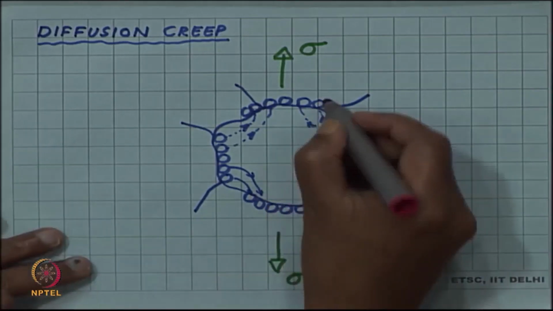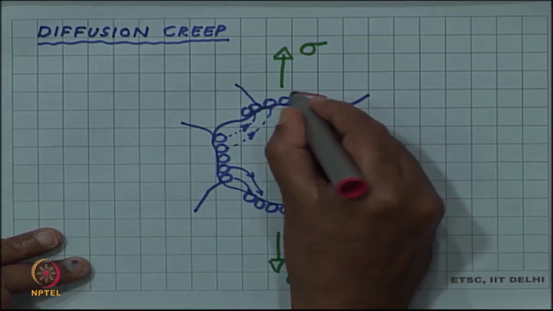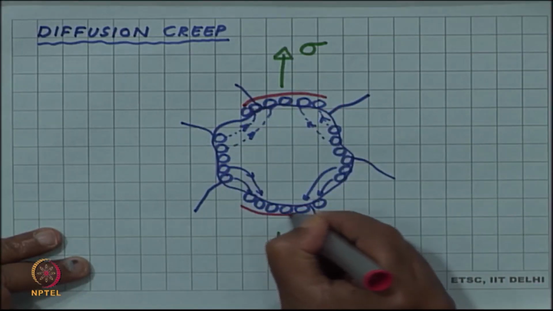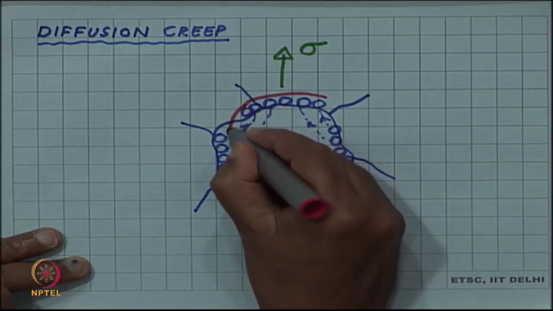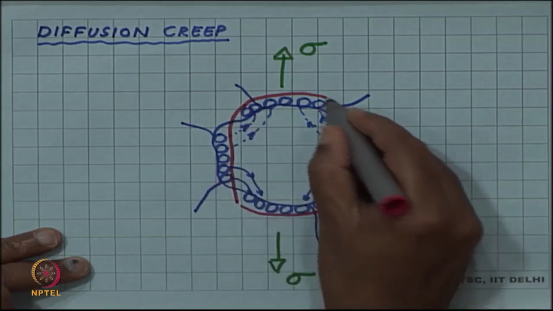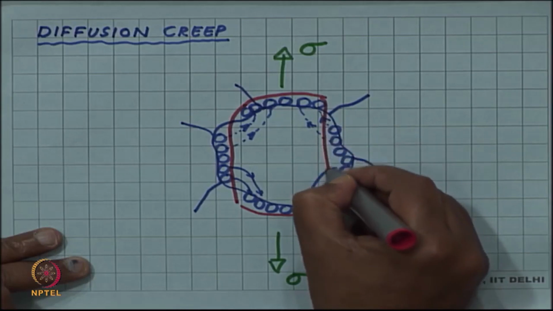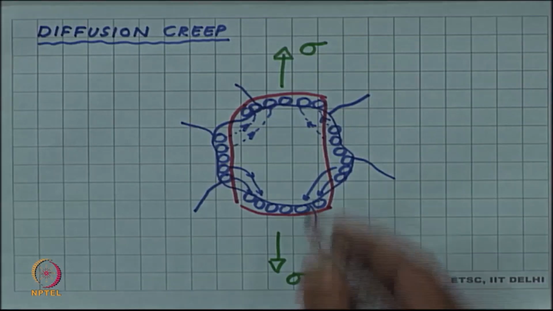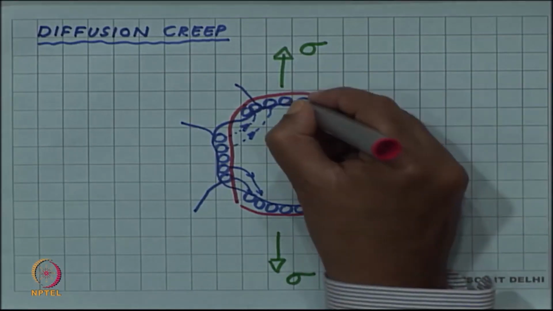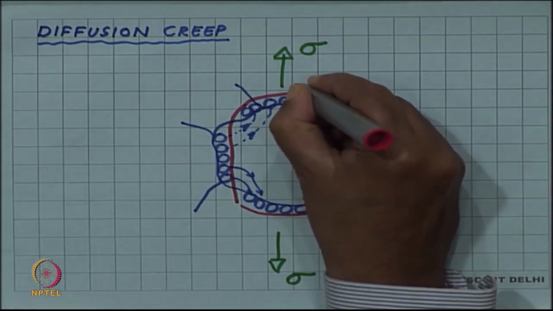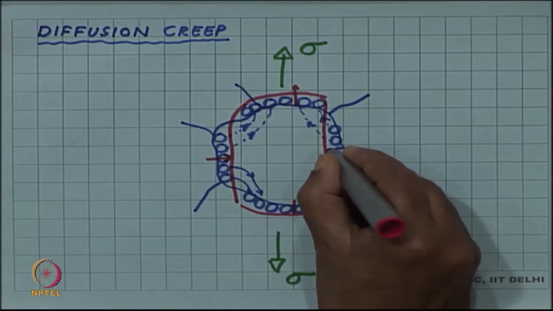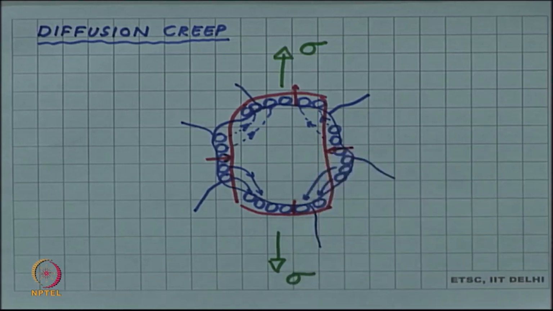So, if this happens, then you can see that the size of the grain is increasing along these boundaries, but is decreasing on this side. So, after the diffusional migration, the grain shape will be something like this, which is exactly what this stress is trying to do, to increase the length in this direction and contract the dimension in this direction.